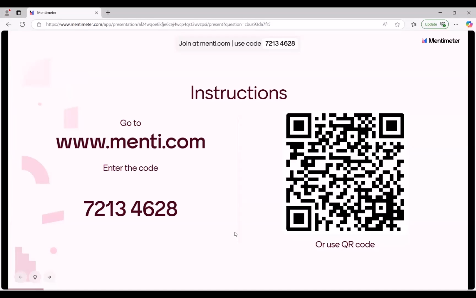It's just a small activity. Just waiting for a minute so that you can join. You can either use the QR code from the camera of your mobile, or go to menti.com and enter this code to join us.